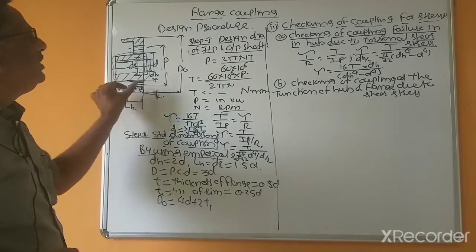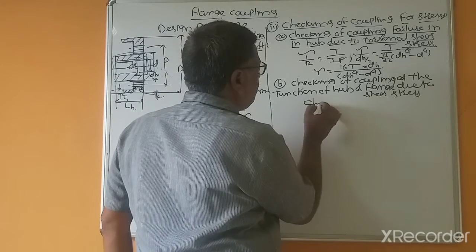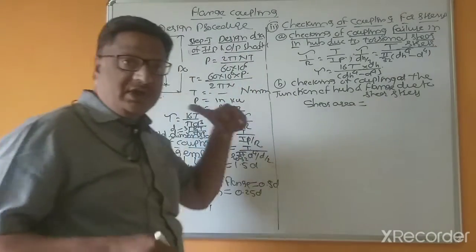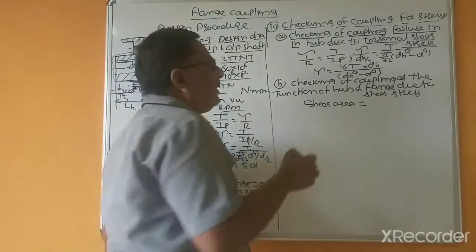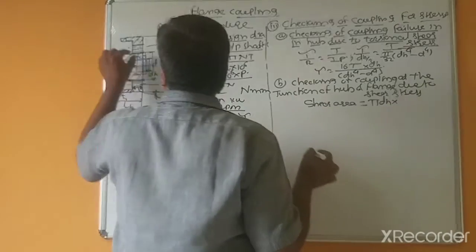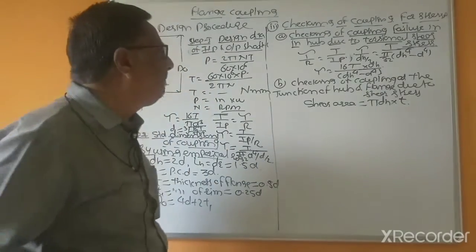Now t is the thickness, so you can write shear area equal to circumference pi into dH into t, the thickness. Is this clear?